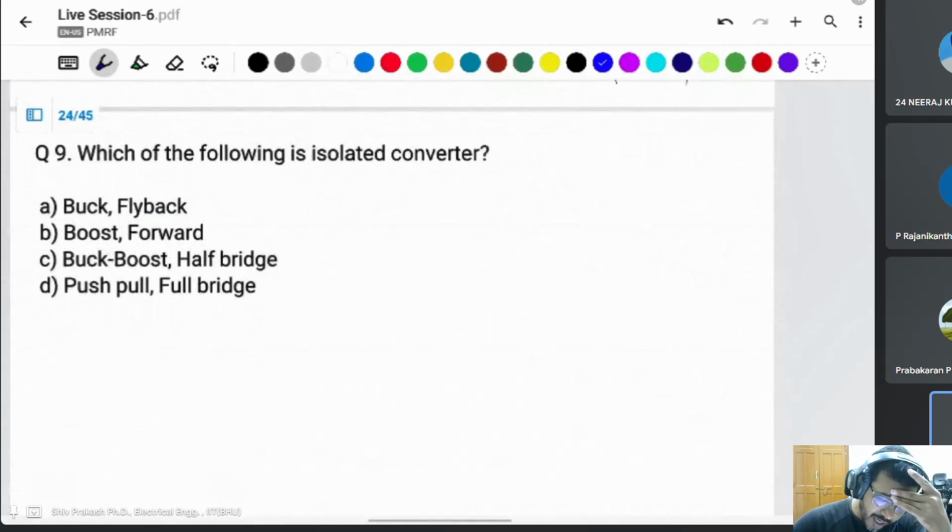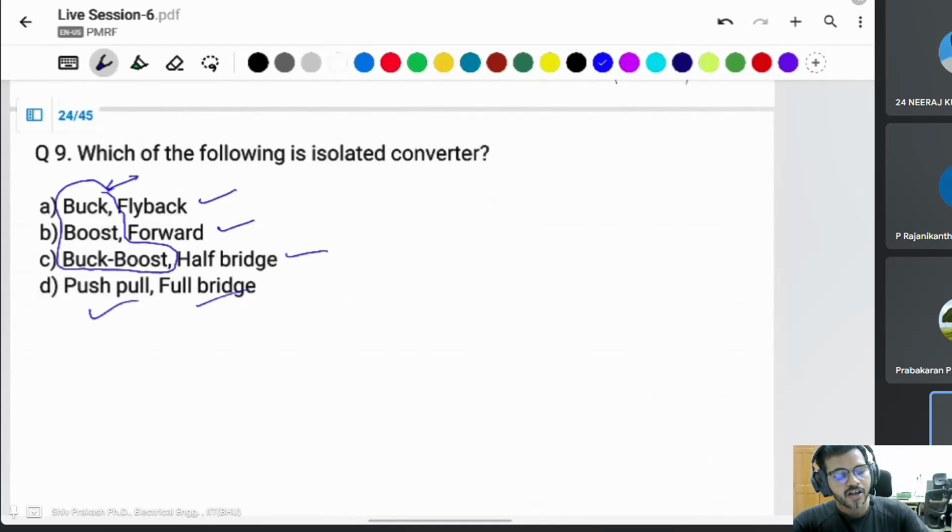Which of the following is an isolated converter? Buck converter, boost converter, and buck boost converter are the basic converters. But flyback, forward, half bridge, push pull, and full bridge all use a transformer.